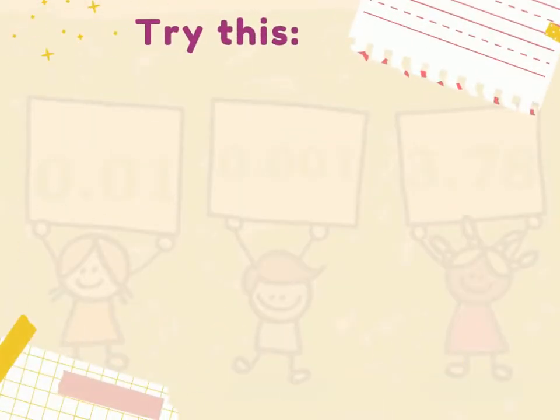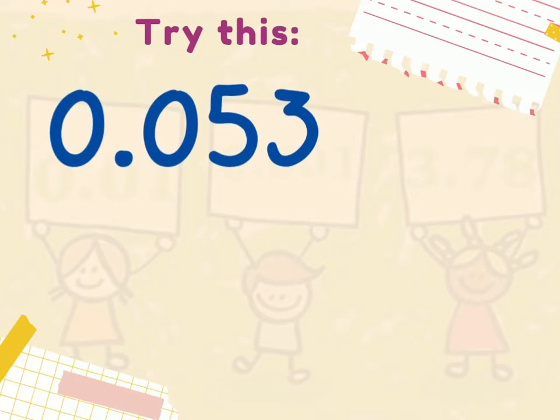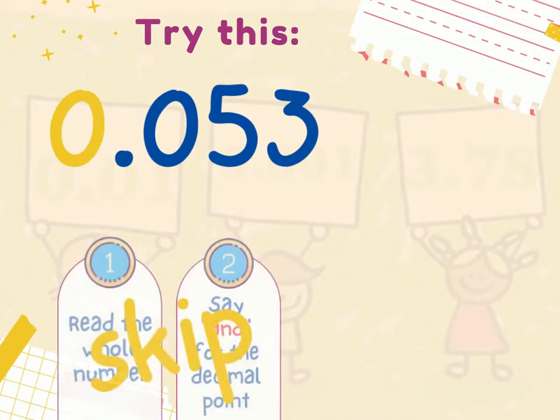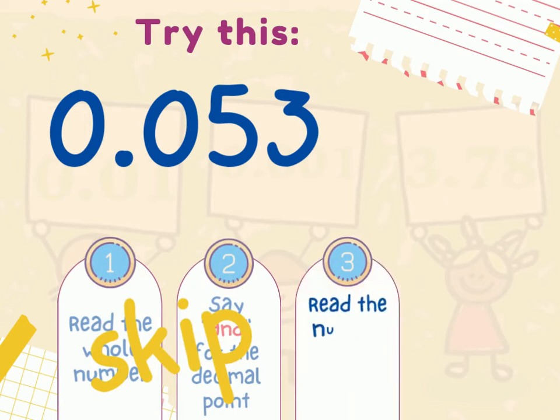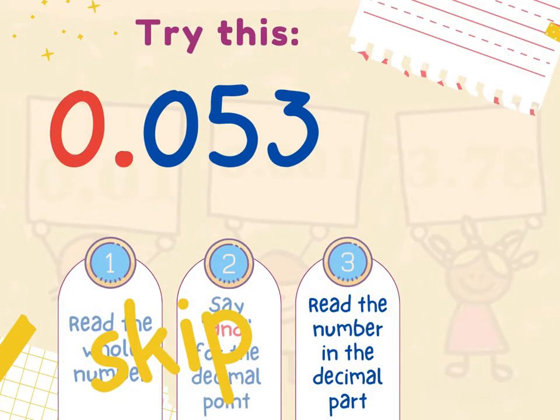Now, let us try this example. 0.053. In this example, the whole number is 0. If there is no whole number, then immediately read the number in the decimal part. We do not read 0 as well as the decimal point.